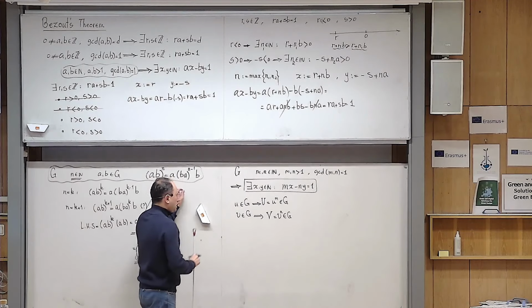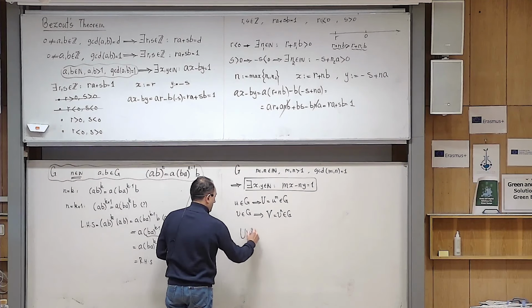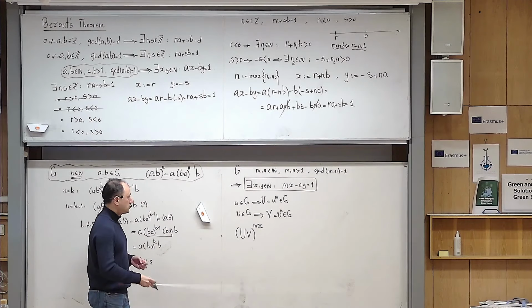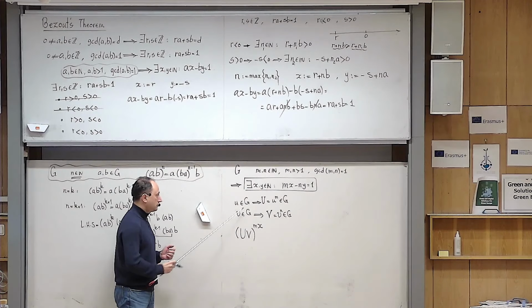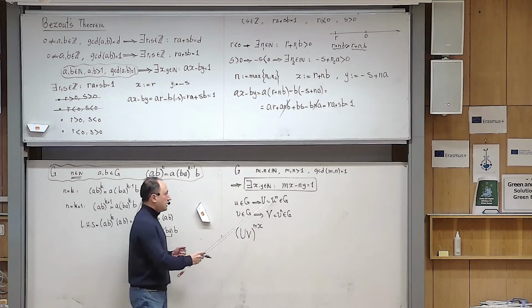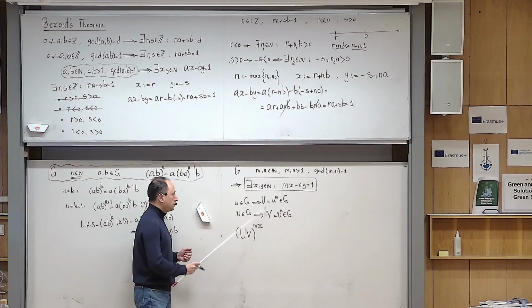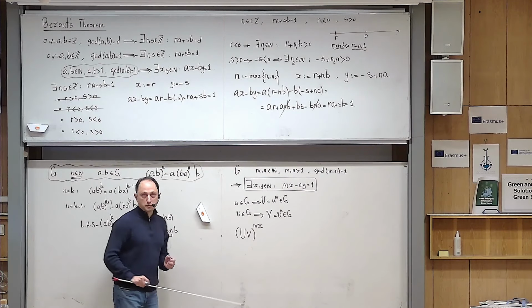Okay. Now I choose this U and this V, and I want to see what I can say about this combination. So you pick any arbitrary elements u and v from G, and then you have m and n, raise one of them to power m, raise the other one to power n, and then you get two new elements from your group, put them here, and then put this exponent.